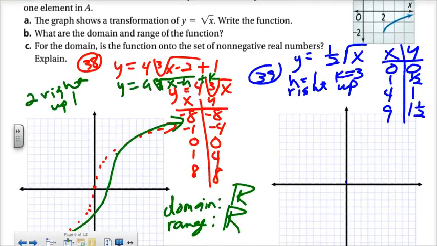And then my translation. 0, 0, 1, 1/2, 4, 1, and 9, 1.5. So there's the shape. And then, like I said, I just have to move this 1 to the right and 3 up.